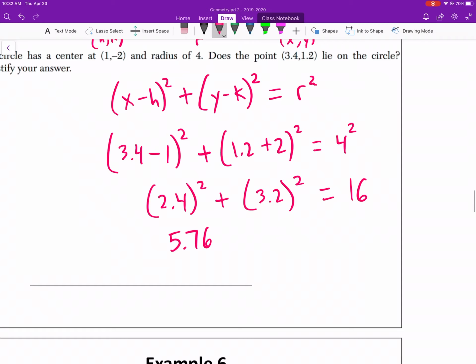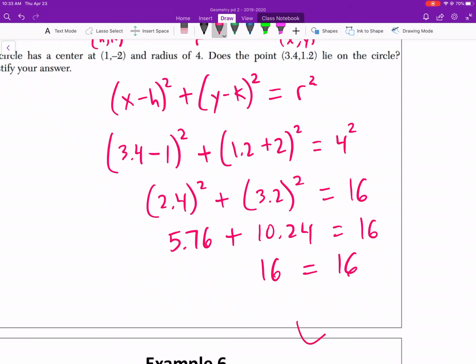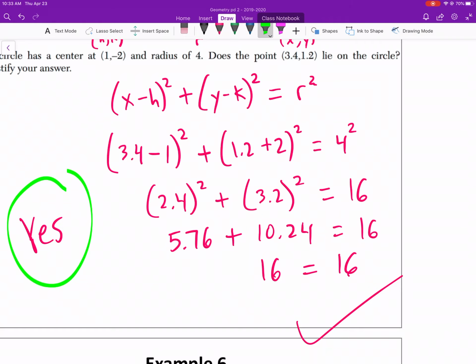This is 5.76. And this is 10.24. Does that equal 16? It does. So yes, that point does lie on the circle.